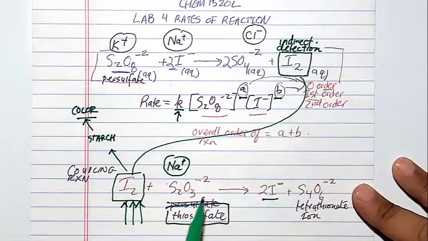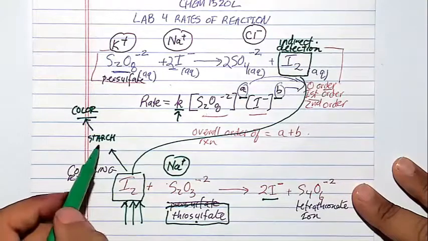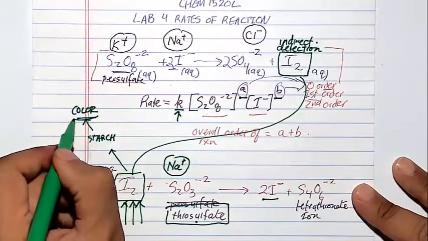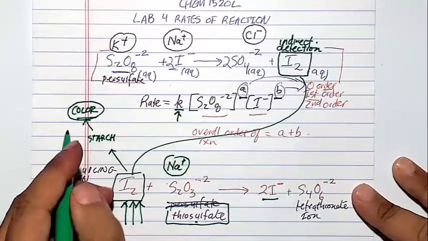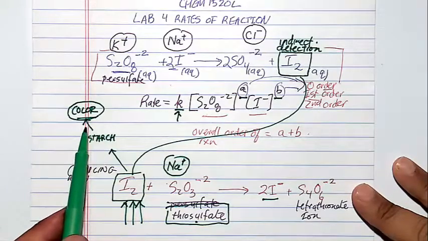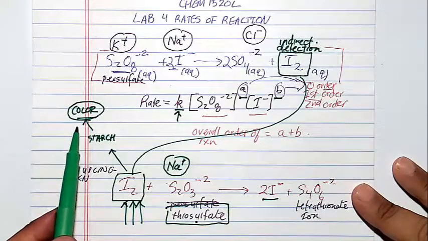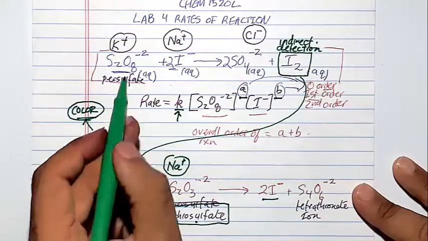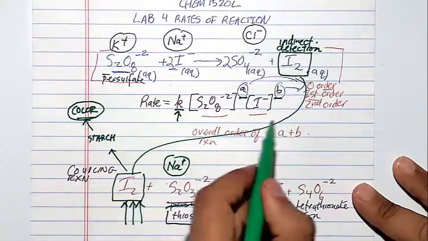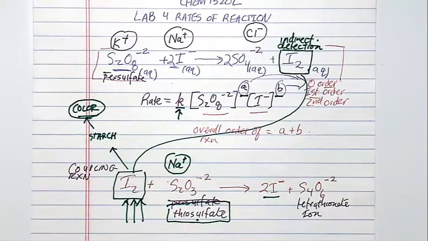Once I2 appears and all of the thiosulfate gets used up, the I2 builds up and reacts with the starch that you also put in the test tube, and that gives you your color. So you're measuring the appearance of color and how fast that appearance occurs per unit time, minutes or seconds or however you measure the color. And that color tells you how fast this reaction proceeds, and through that you can derive the rate law.